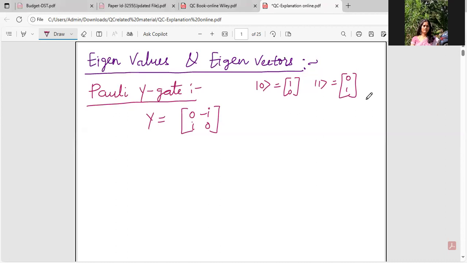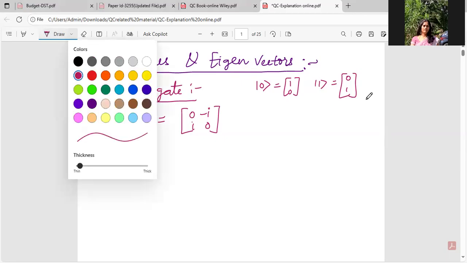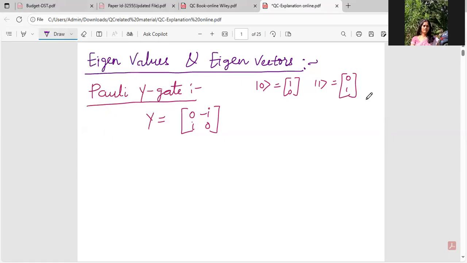Now, usually we call this Pauli Y gate a state flip and phase flip. Let me explain this and then go to the process of finding eigenvalues and eigenvectors.